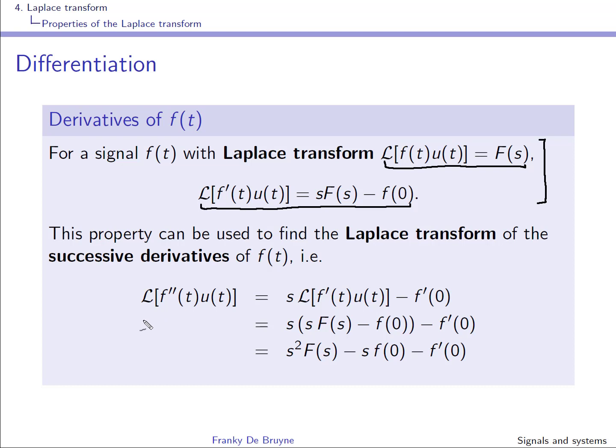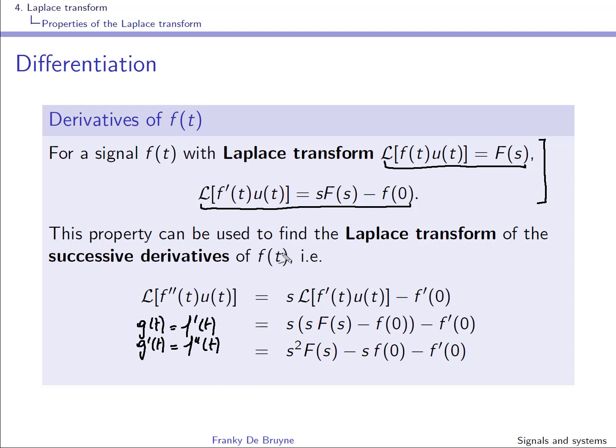The way to go is simply to say, let us assume that g of t is equal to f prime, the first derivative of f, and that obviously g prime, the first derivative of g, is the second derivative of f.